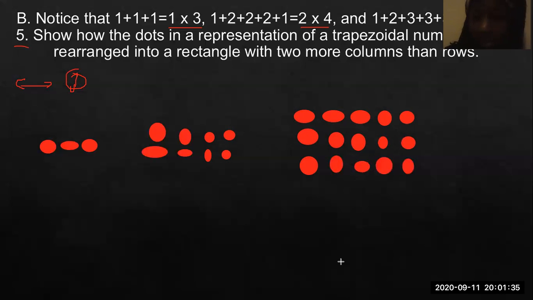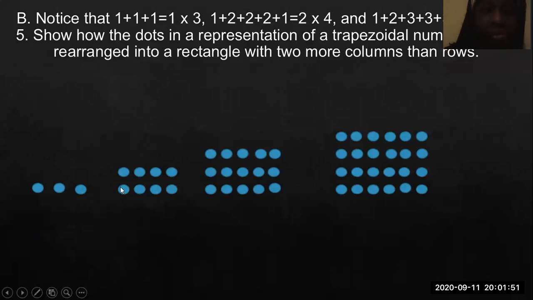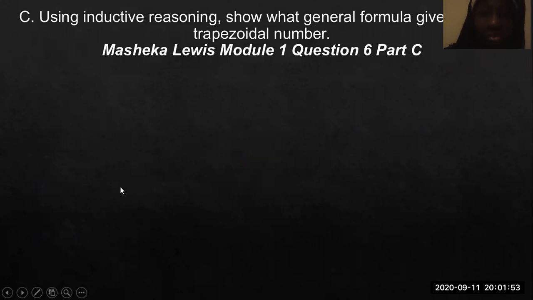And that's how it's supposed to look. Does that clear this? Oops. There we go. And it's supposed to look like that. C. Use inductive reasoning. Show what general formula gives the nth trapezoid number.